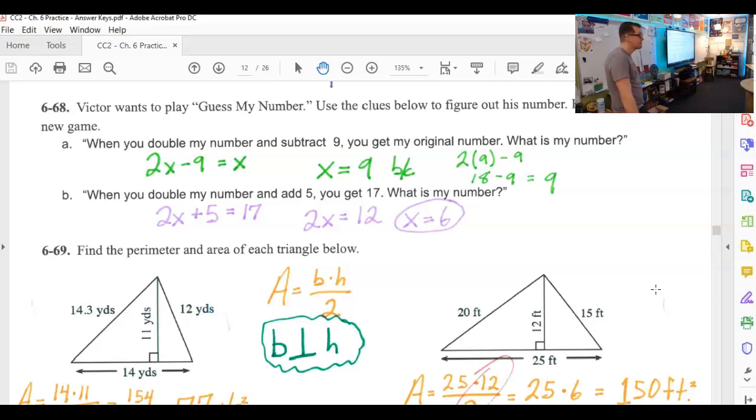Area of a triangle is base times height, but then divide that by 2, because it's half of a rectangle.